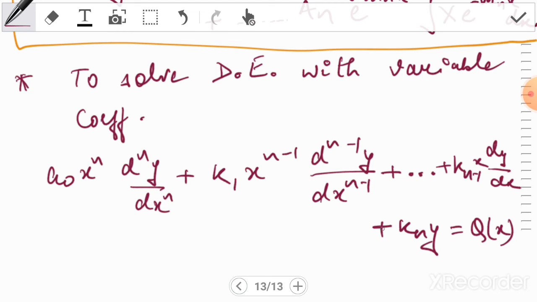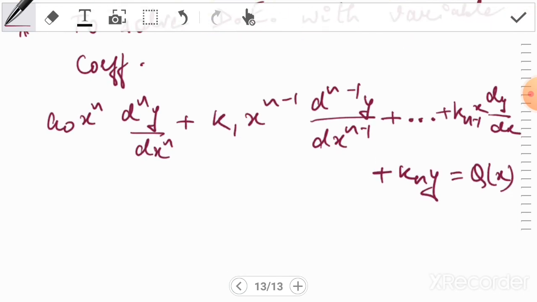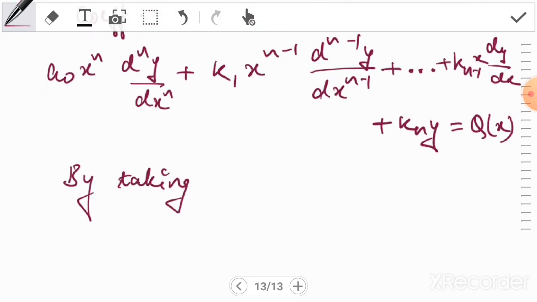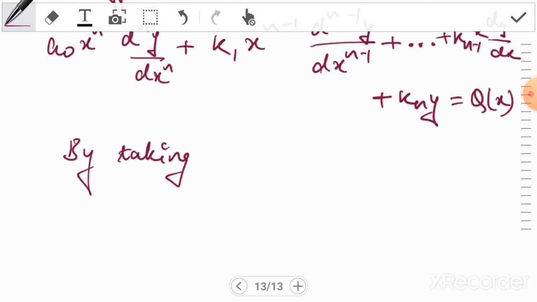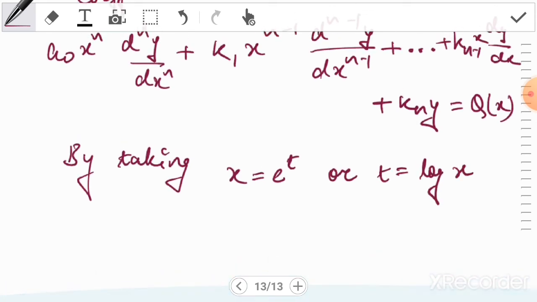So it can be reduced into a linear differential equation with constant coefficients by taking x as e raised to the power t, or t is equal to log x. Then let theta be equal to d by dt.